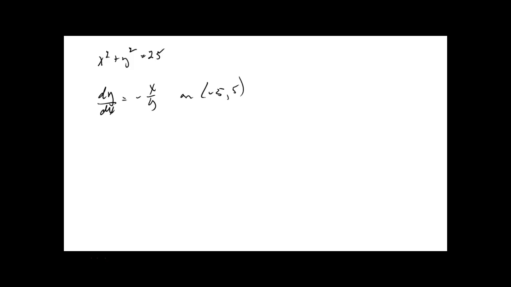That's why it's parentheses there. Anyone know why that would be the case? Why couldn't negative 5 and 5 be included in that interval? Because these are values for x, remember? When x is equal to negative 5, what's your y?